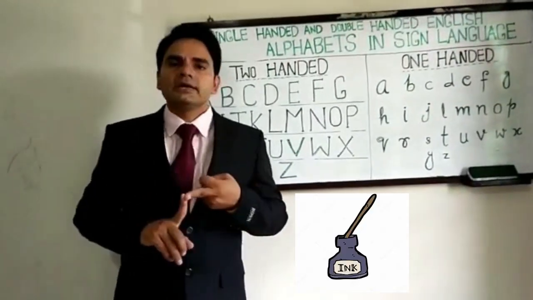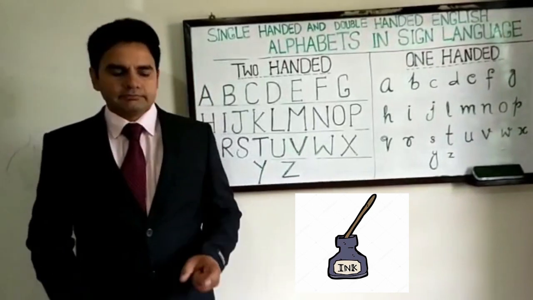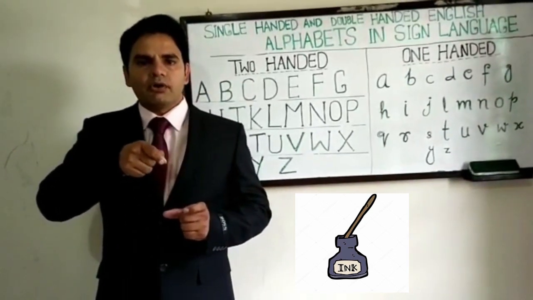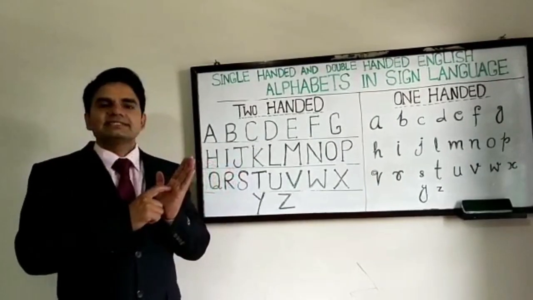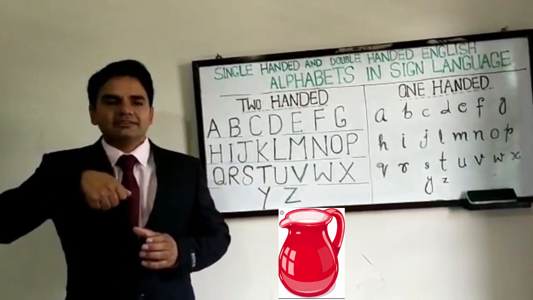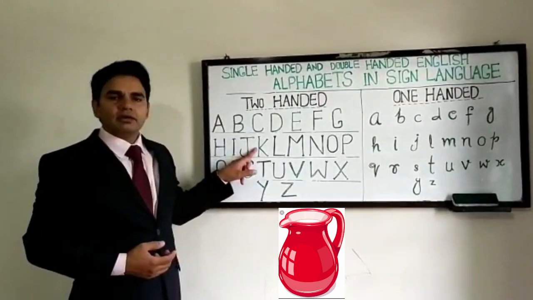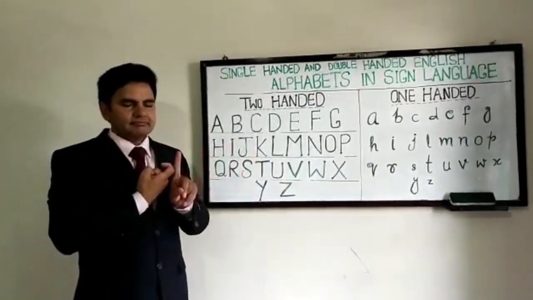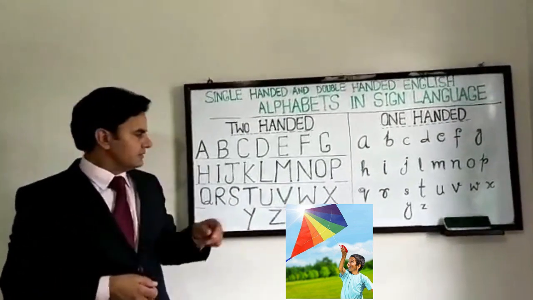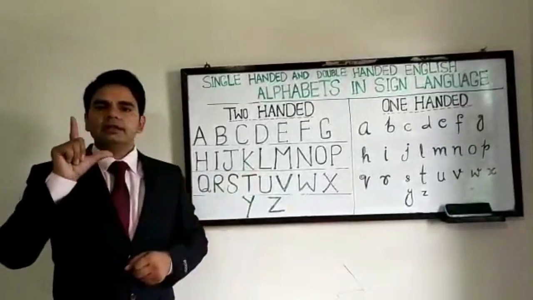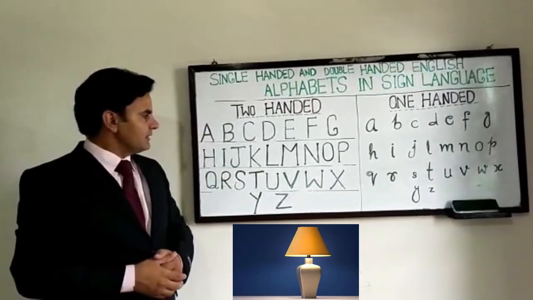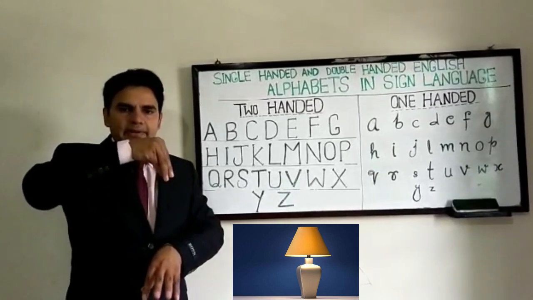I for import. J for jug. K for kite. L for lamp.